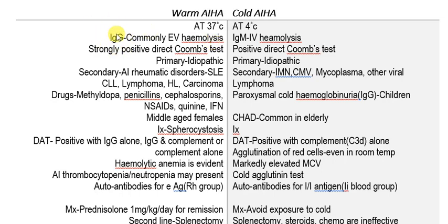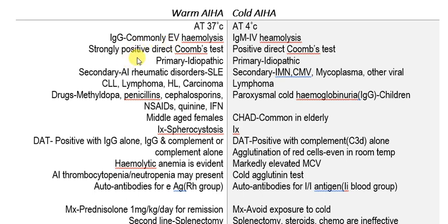Because these are IgG antibodies, they cannot cause intravascular hemolysis. They can activate the complement system only to a certain extent, not like IgM antibodies. Because of that, the hemolysis in warm autoimmune hemolytic anemia occurs in the extravascular spaces, that is the spleen.